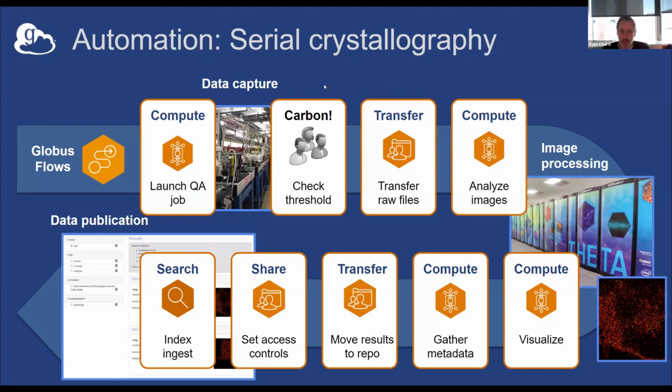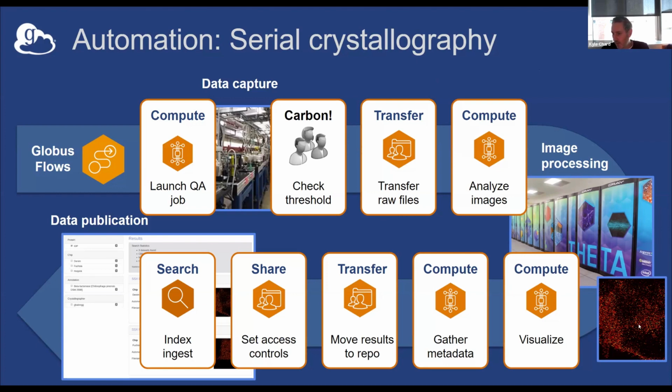And what we have here is that the flow first launches a QA job that's running near to the instrument that makes sure that the data coming off is of reasonable quality to spend the rest of the cycle. We'll often have something like a human in the loop here where a researcher needs to check it and say, okay, that looks good. What we'll then do is we'll transfer the data to an HPC system for analysis. We'll run a much bigger analysis here, trying to understand characteristics or reconstruction of what we're trying to sample.